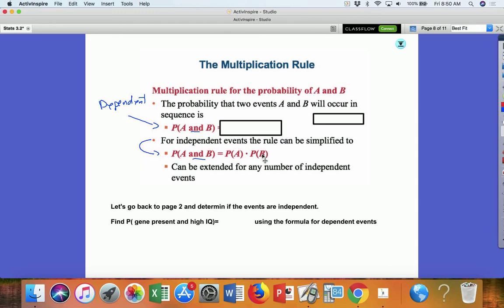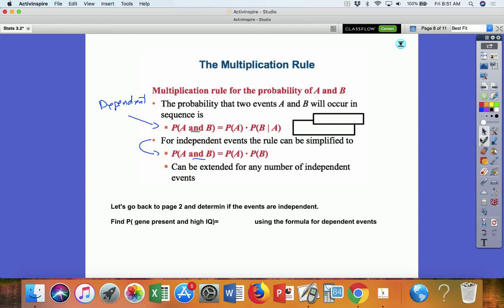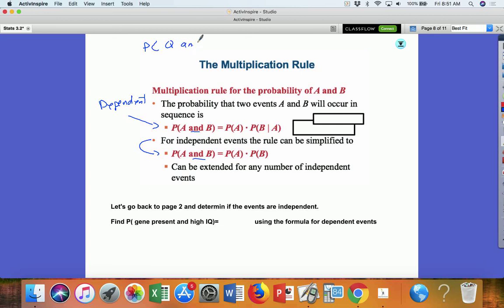If they're dependent, the probability of A and B starts the same way, the probability of A, times the probability of B given A. I want you to understand that if you have different letters other than A and B, how it would work.